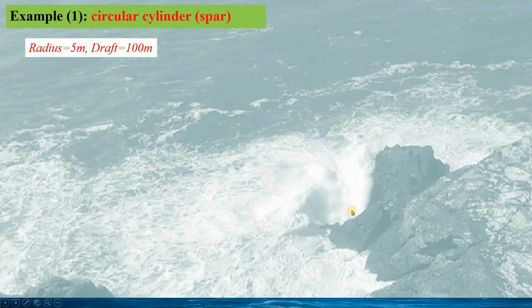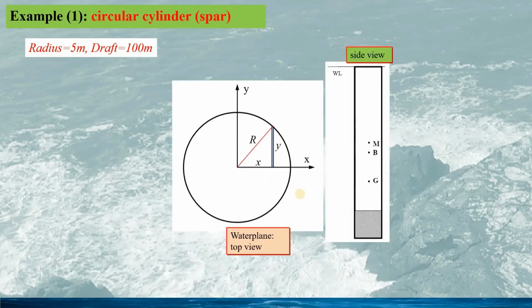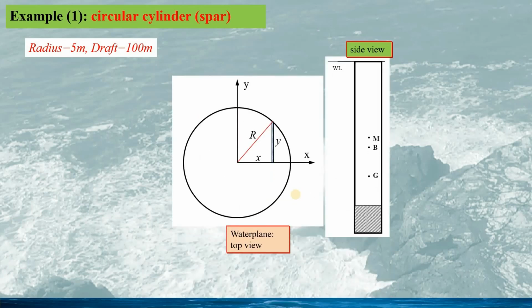In the next few slides, we will see some examples of simple floating structures, and some of these structures are the practical structures, and some with the simple simplifications. The first example is the floating spar, and this can be seen in the offshore platforms or floating wind turbines.